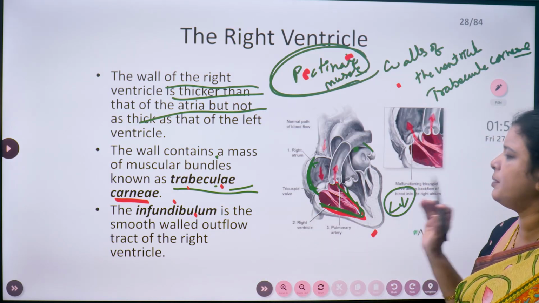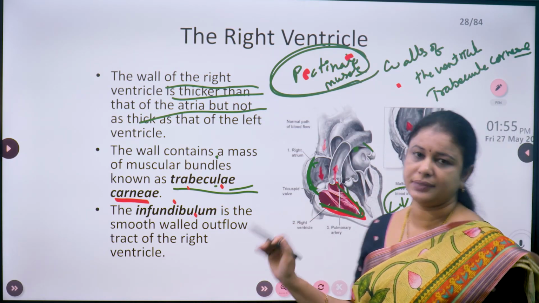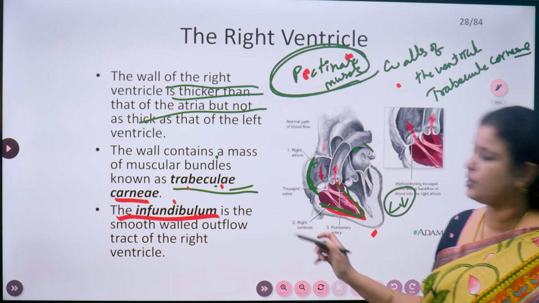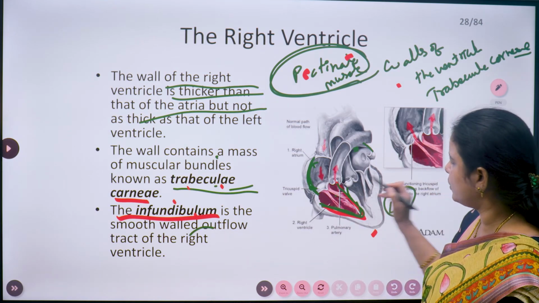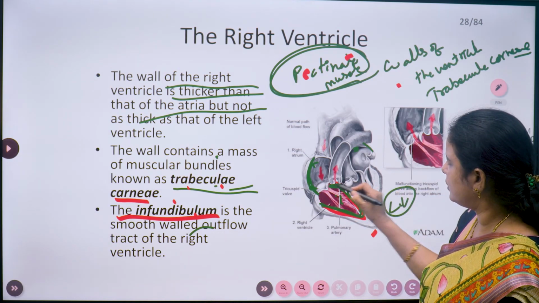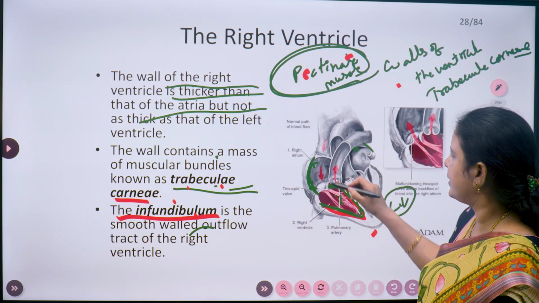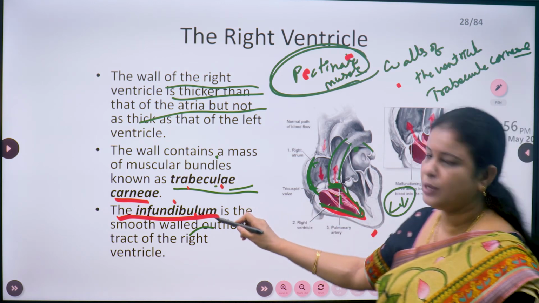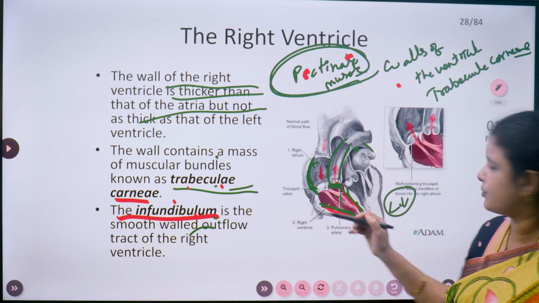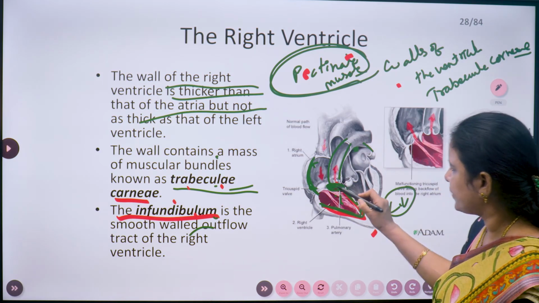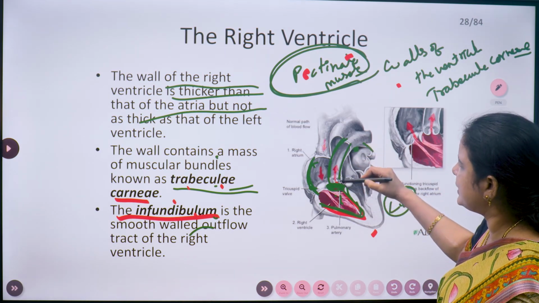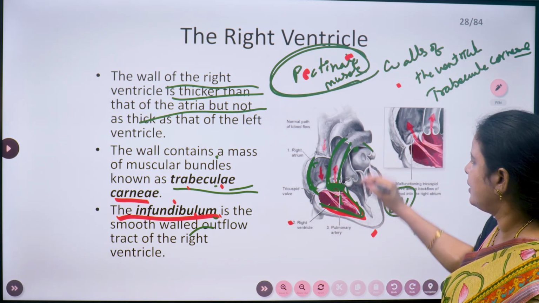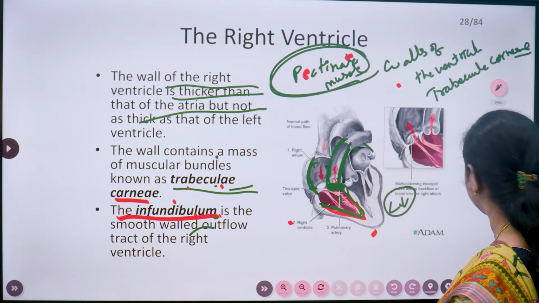The infundibulum is the smooth walled outflow tract of the right ventricle. Over the infundibulum we can find the pulmonary artery.